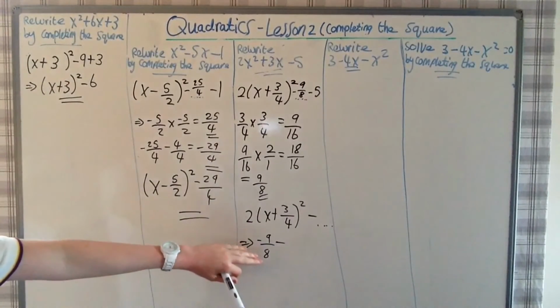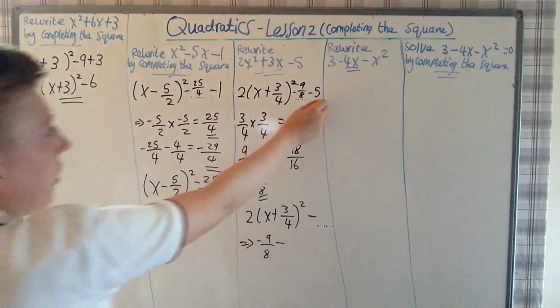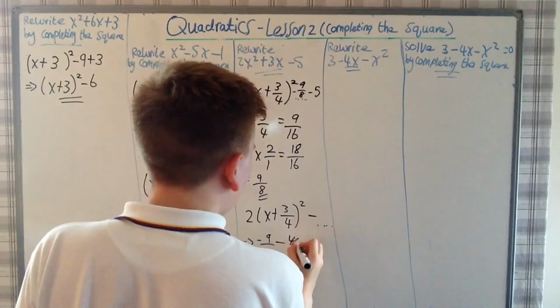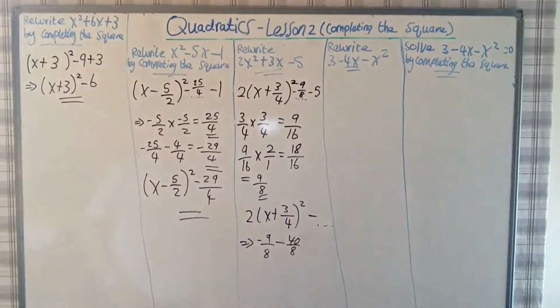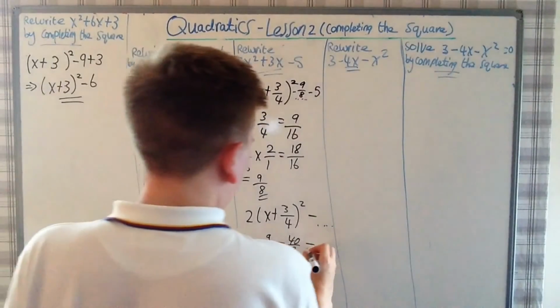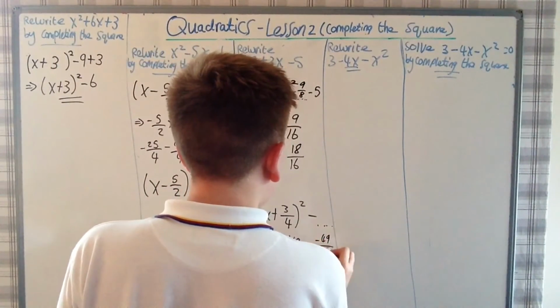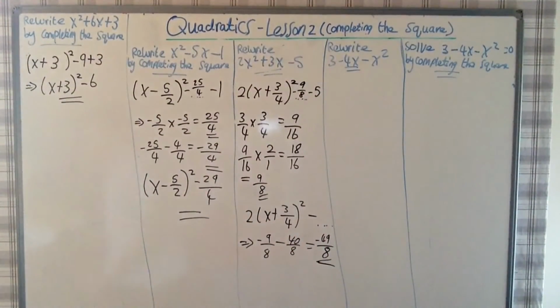And if we multiply that by 8, we get something divided by 8. So minus 5 over 1 can become minus 40 over 8, okay? Because 40 divided by 8 is indeed 5. If we do this, we then get minus 49 over 8.